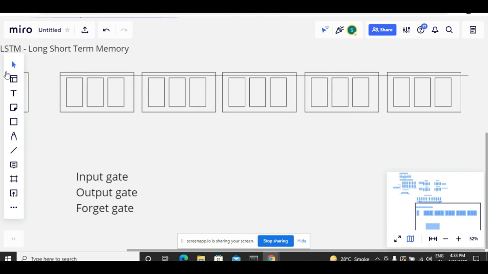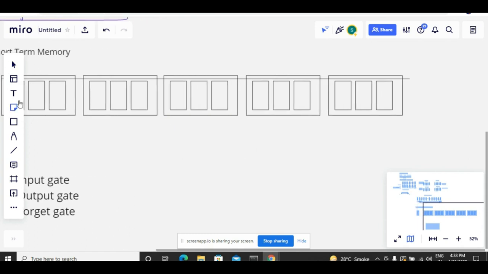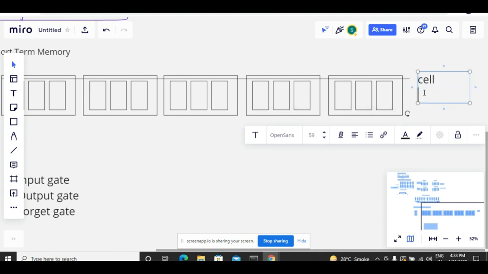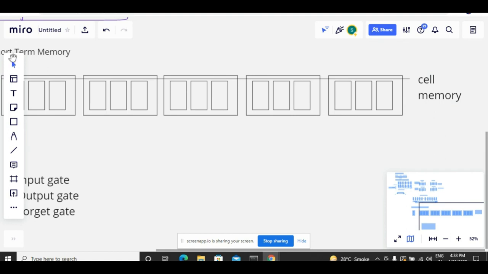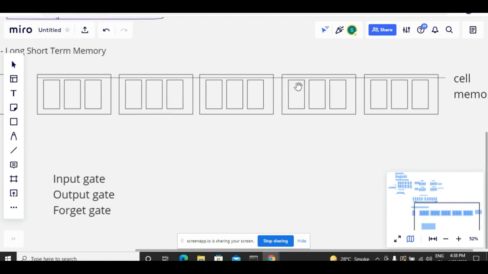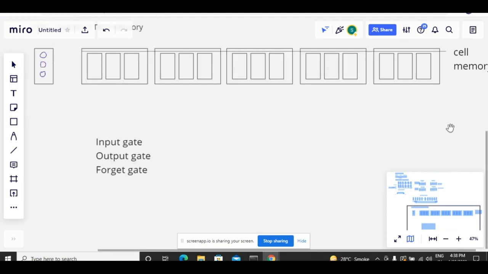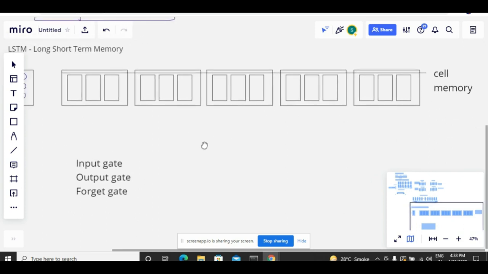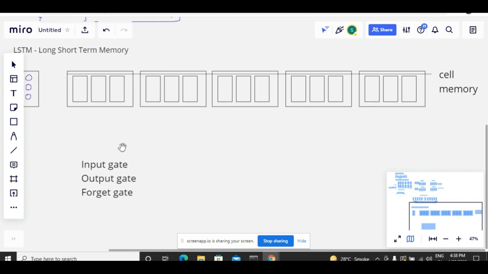This is known as the memory, the cell memory. So all these cells are connected to each other through the cell memory.